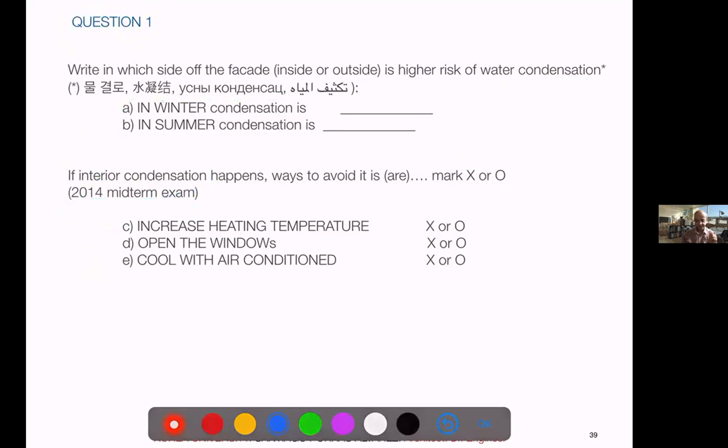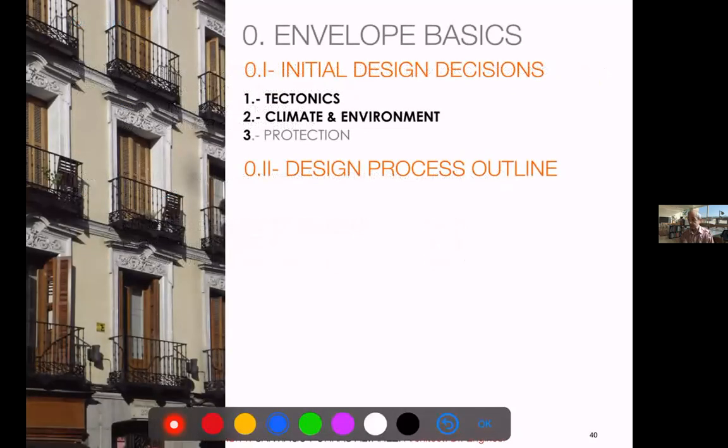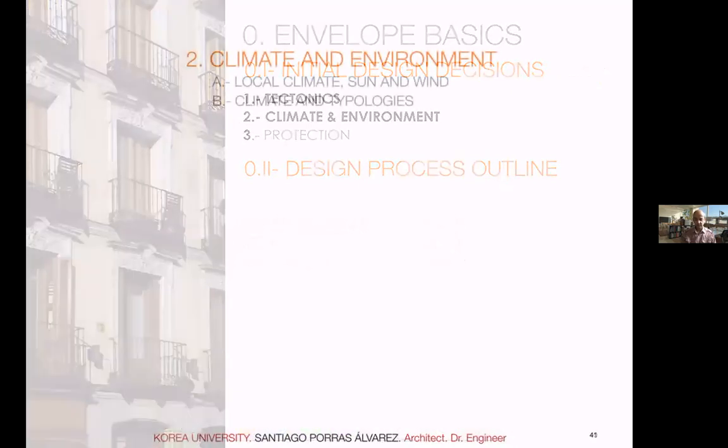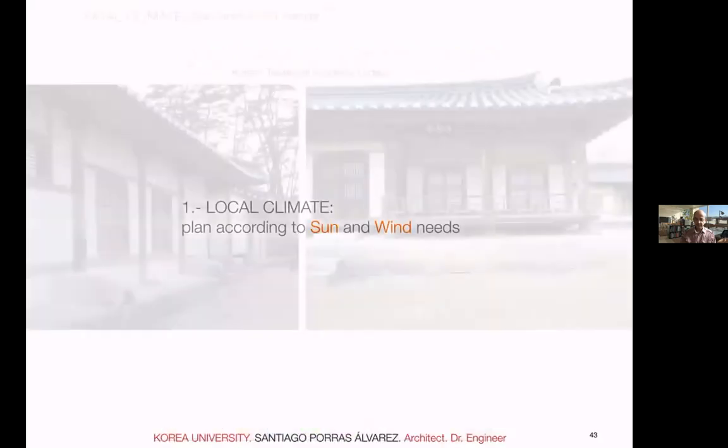Okay, let's continue. So climate and environment are essential, and it is surprising many envelopes are designed forgetting totally about this, right? And we have to be very aware of the local climate, right? Sun and wind.